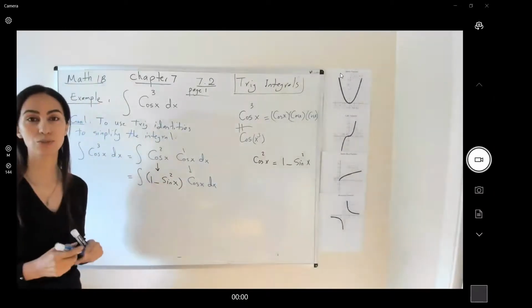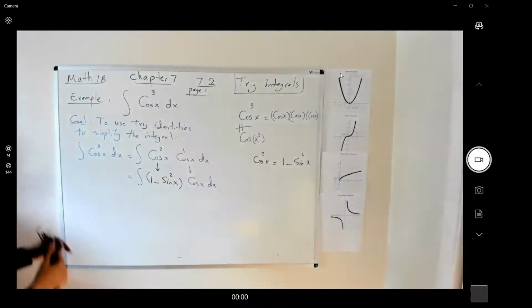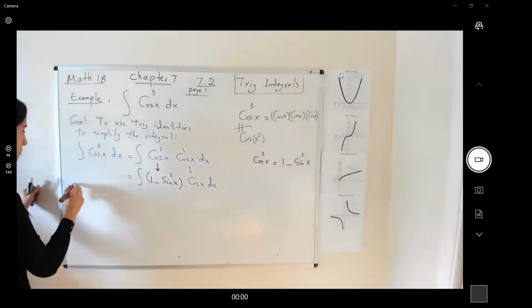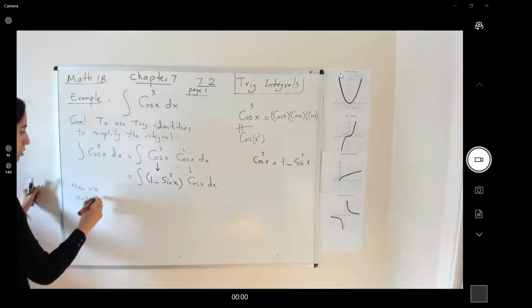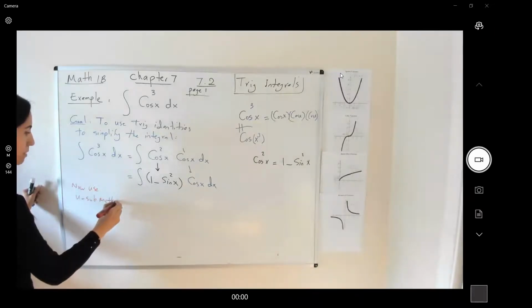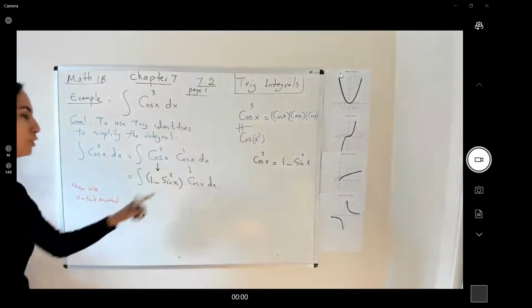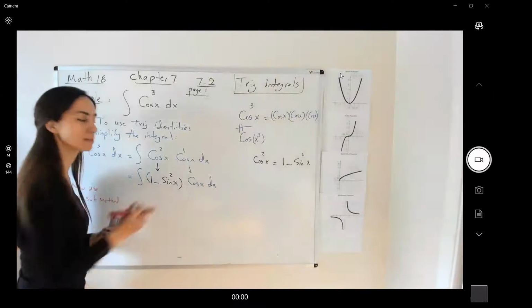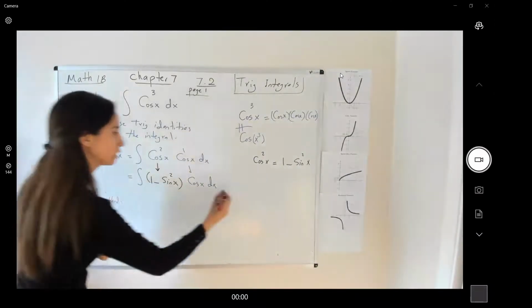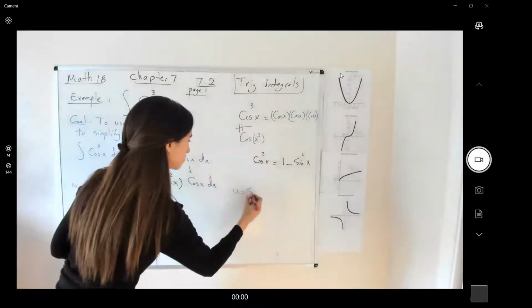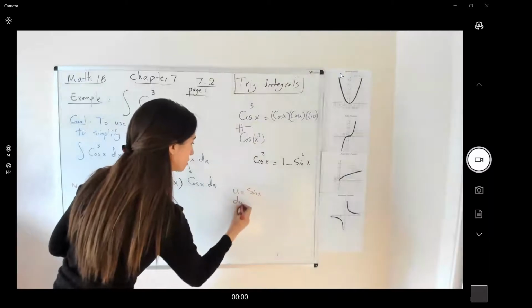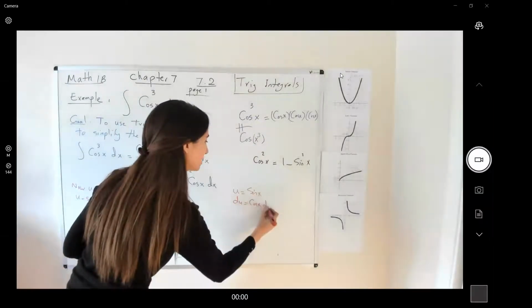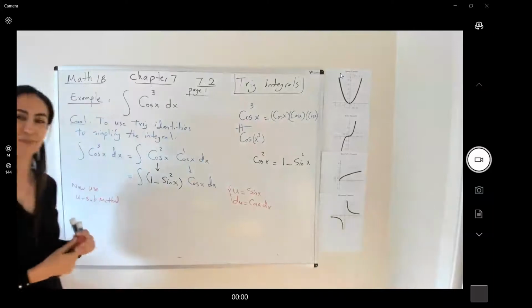Now I'm going to use u sub method. What is your u? U is sine. What is your du? Cosine x dx. So u is sine x, du is cosine x dx.